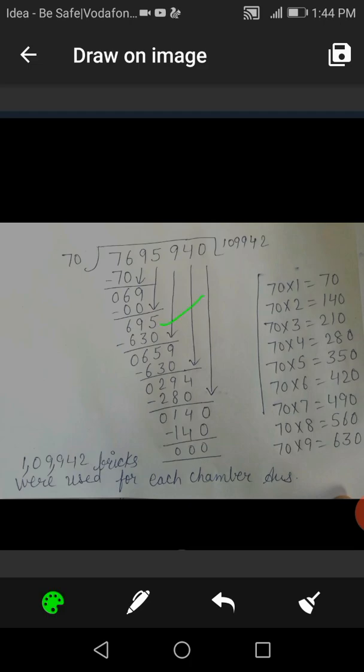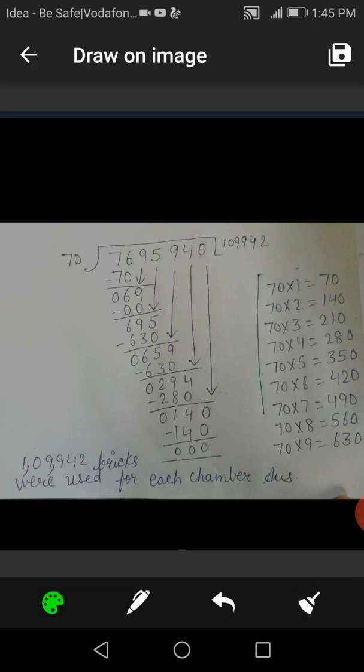So 695. You can see here 70 nines are 630 and 70 tens are 700. 700 would be greater than this, so you will go with 9. 630 written. Now subtract these two numbers. You will get 65 after subtraction. Now on the hundreds place there is 9.